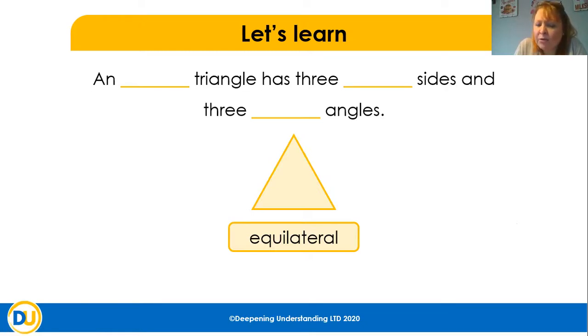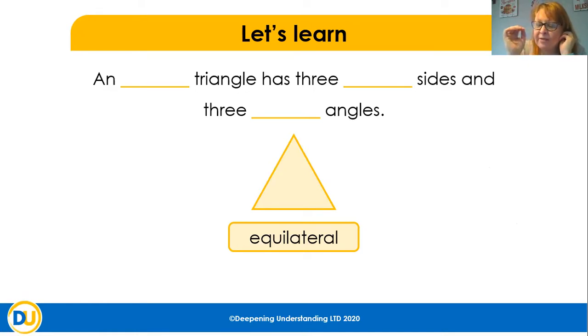So an equilateral triangle then, what would I fill those blanks in? An equilateral triangle has what? Can you hear that word? Equal, equal, equal. What does that mean? What does it tell you about the triangle? Yeah, it's got 3 equal sides and 3 equal angles.